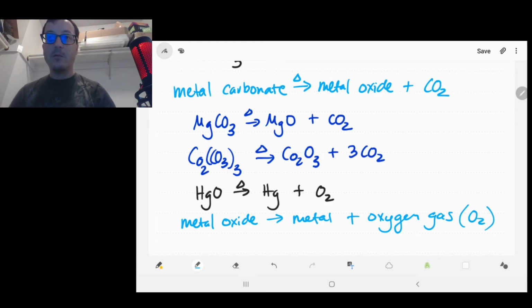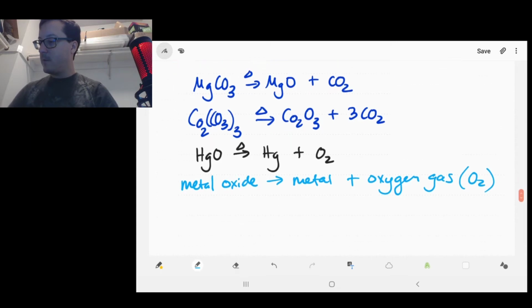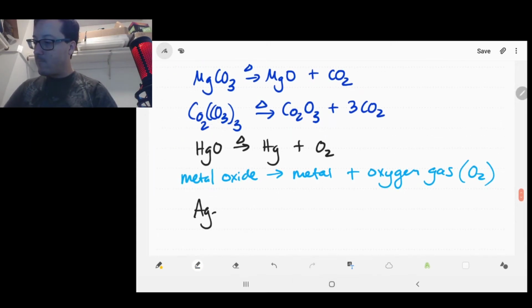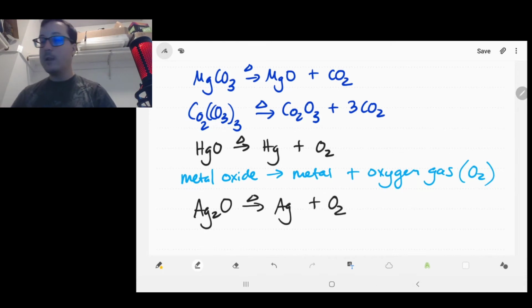So straightforward, just split them up. Throw a 2 on the oxygen. For example, silver oxide, you can do this with silver oxide. If you heat it up, you'll get silver plus oxygen out.